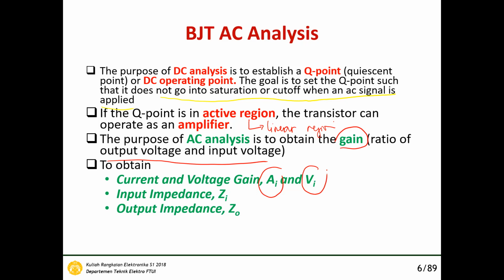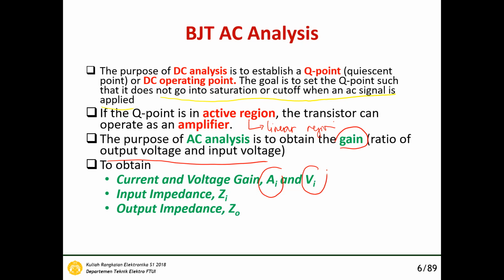Input impedance is the impedance of the input, and output impedance is the impedance of the output. Why do we have to calculate the input and output impedance? Because the amplifier will be connected to another device, so the input and output impedance are very important for connecting to other devices.